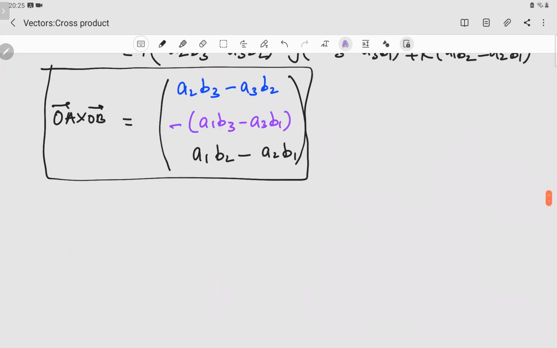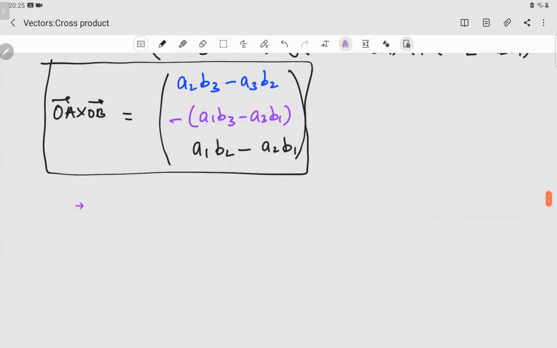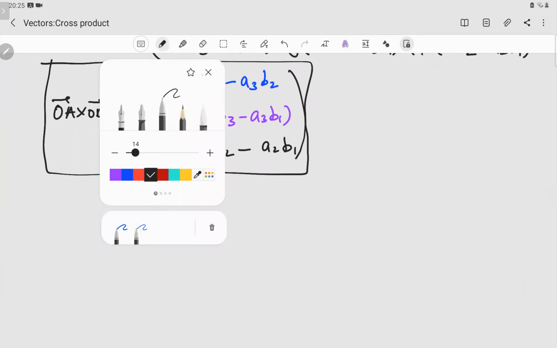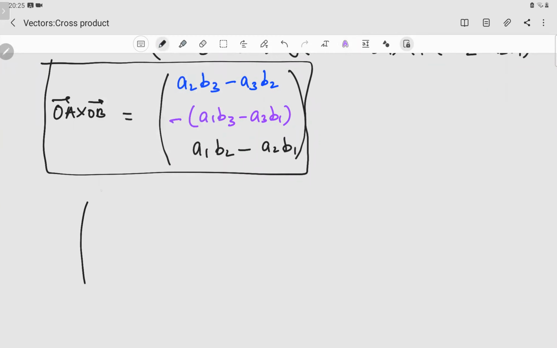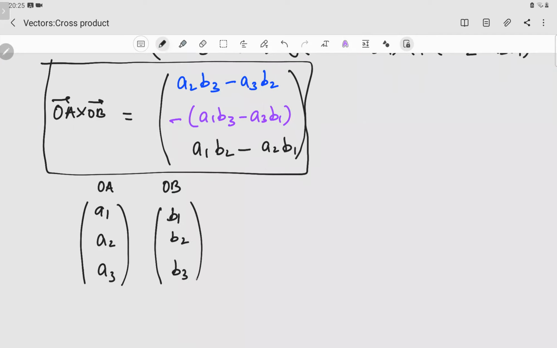Okay, now consider a situation. I have written OA like this: A1, A2, A3, okay? And OB written like this: B1, B2, B3, okay? For OA cross product OB, for the first entry, put a line on them, forget them.